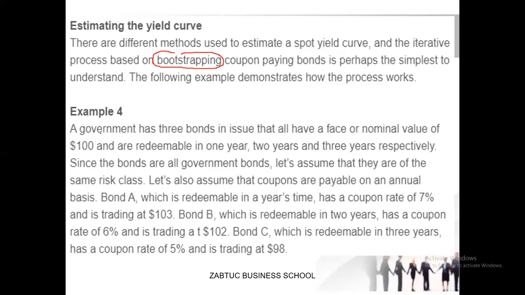Let's go through this together. A government has 3 bonds in issue that all have a face or nominal value of 100. Now remember, the government is the starting point. That's why we get the risk-free. So the government bonds give us a starting point.